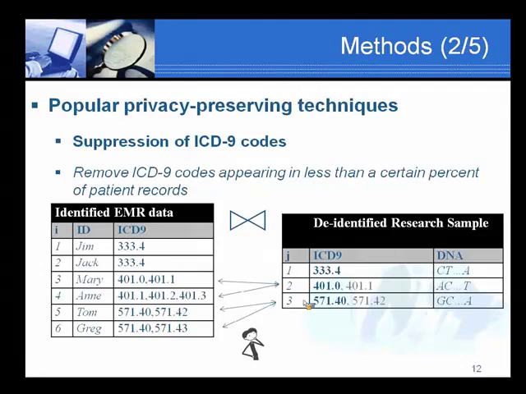This makes data linkage less feasible because the remaining codes will be associated to more individuals. For example, if we suppress the ICD code from the second record, the code 401.0 matches to Mary and Anne, 2 individuals instead of 1 before suppression.